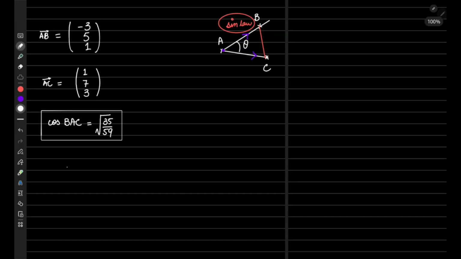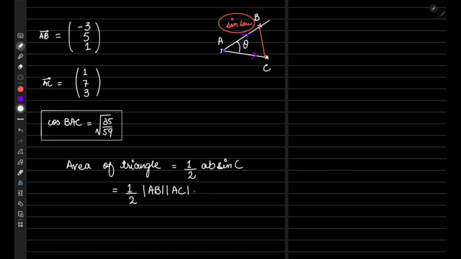So using your sine law tells us area of triangle is half AB sine C, two sides and included angle. So here the two sides are half AB AC modulus, because it's about the magnitude, and sine of theta, or you can say sine of BAC.